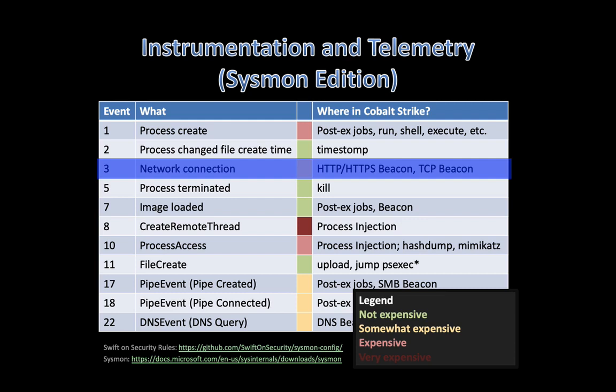Why is Notepad connecting to the internet? If Notepad is connecting to the internet, if you see Sysmon event 3 from Notepad, that is weird. Same thing with Rundll32. I wrote a blog post later. Why is Rundll32 connecting to the internet?